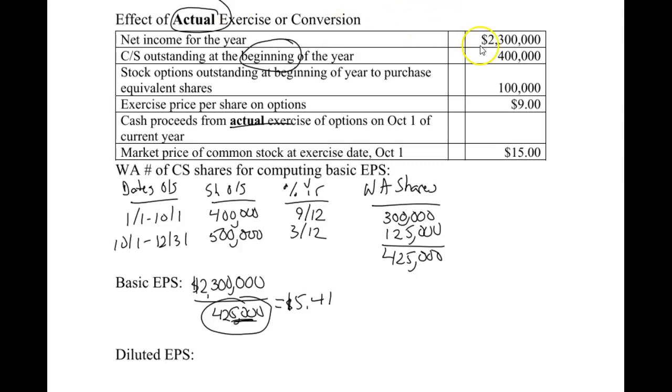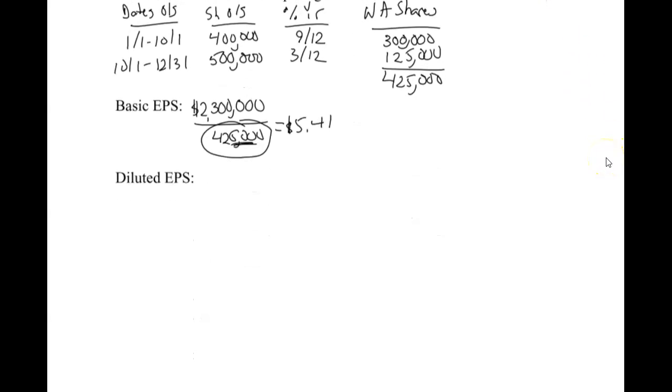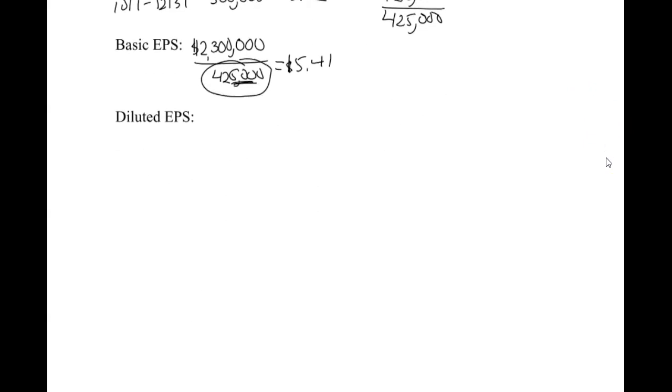These are options, so I'm going to do the treasury stock method. I come down here and I've got my proceeds. I do this the same every single time. I take the 100,000 times the $9. Sorry, that's not a dollar sign there. That's 100,000 times the $9, so my proceeds are $900,000.